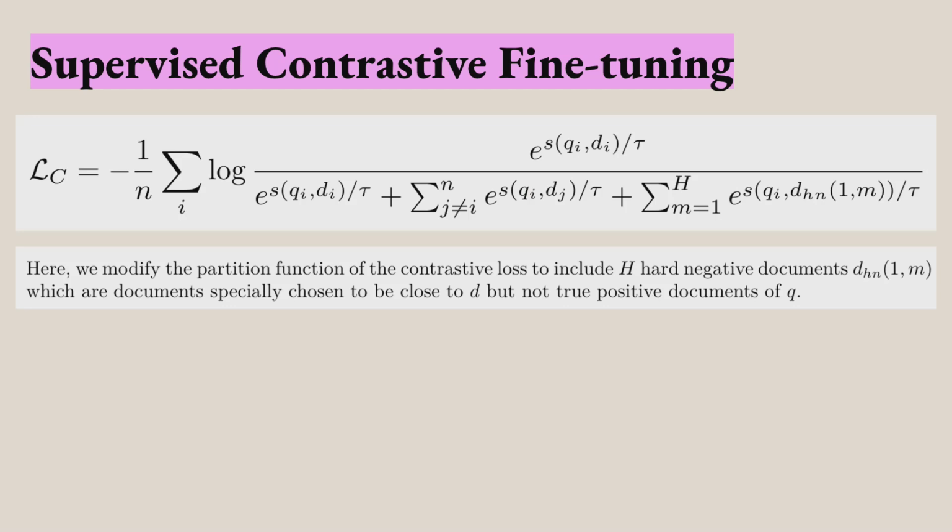And now that we have the negative documents, the hard negatives, we have to introduce that term in the denominator for the loss. So here they modify the partition function, which is this denominator down here, to include h hard negative documents from 1 to h, where m is counting which document we're looking at, which are documents specially chosen to be close to D, but not true positive documents of Q. So I see this as introducing a greater nuanced signal for the model to pick out the correct documents in a more difficult way.